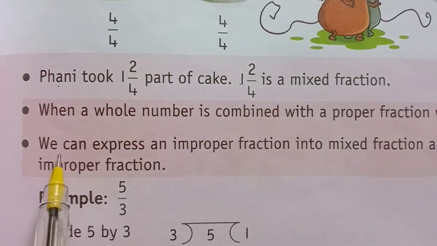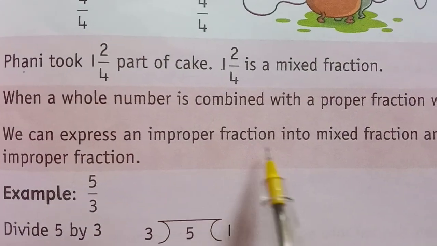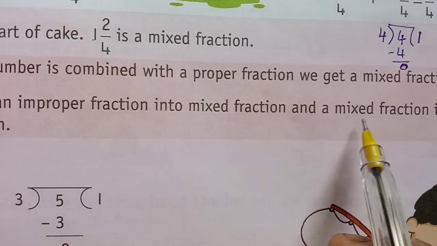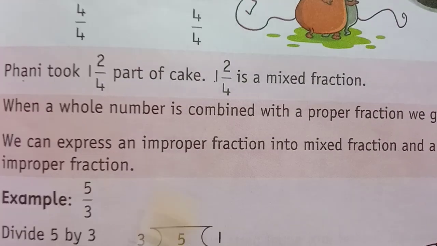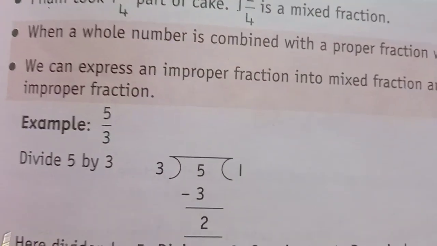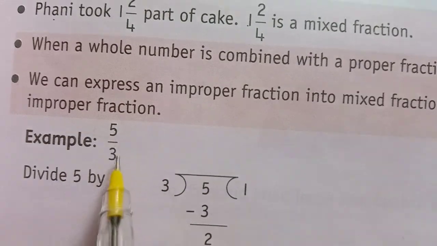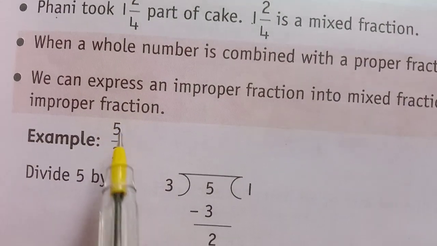Now children, we can express an improper fraction as a mixed fraction and a mixed fraction as an improper fraction. Now one example, 5 by 3 is given. This is an improper fraction.